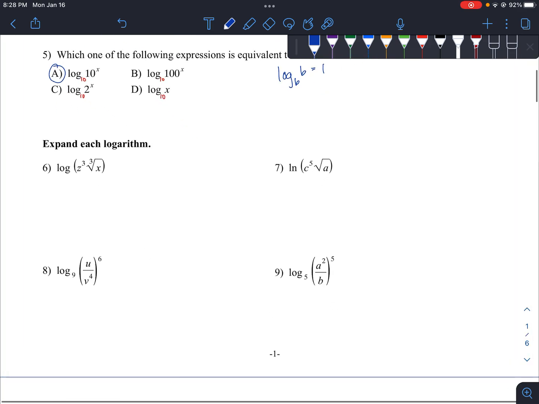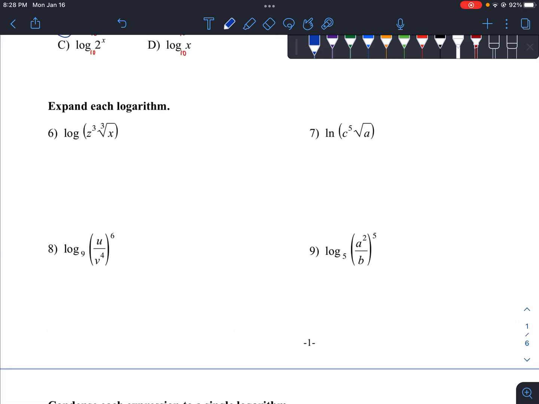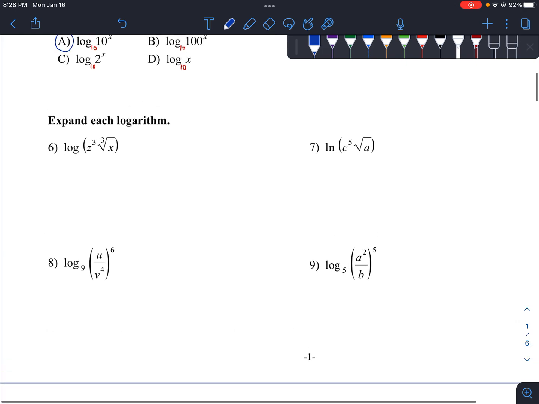Okay, for 6 through 9, we expand the logarithm. There are 3 properties of logarithms to expand. If you have log base b of m multiplied by n, this is equal to log base b of m plus log base b of n.